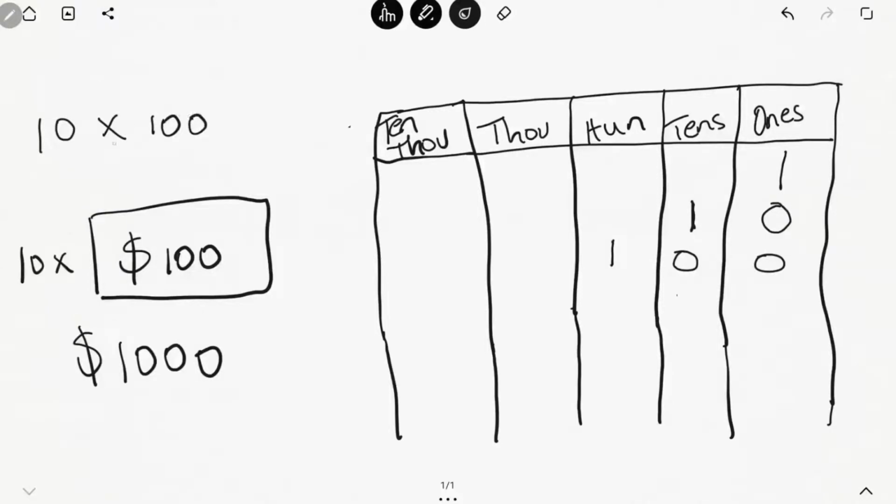You can say 10 by 100. When you have 10 by 100, you multiply the 1 by the 1, you get 1, and in the answer, you add the total number of zeros in the factors. There are a total of 3 zeros, so you add 3 zeros to the 1, and 10 by 100 is equal to 1,000, all right?